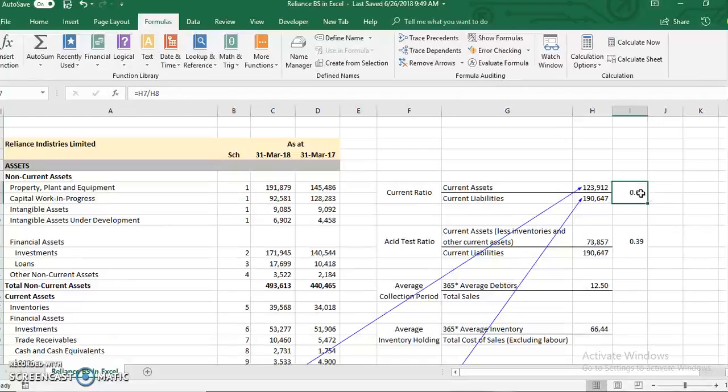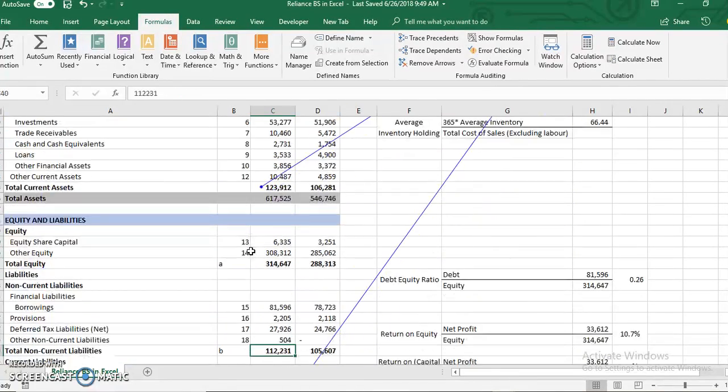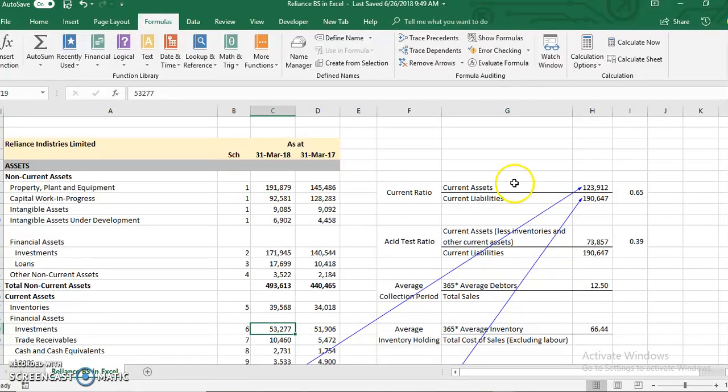This means the company has very low current assets. If tomorrow something goes wrong, the liquidity of the company is considered low. The reason is that a lot of investments are put into long-term investments, not short-term investments, so the short-term liquidity is a bit weaker.